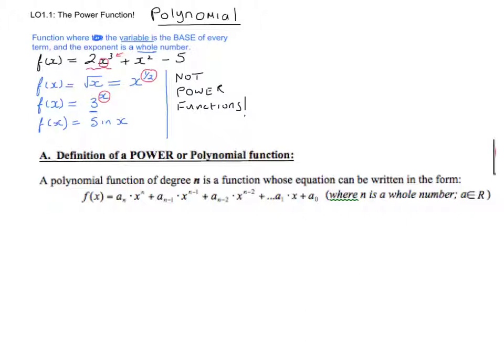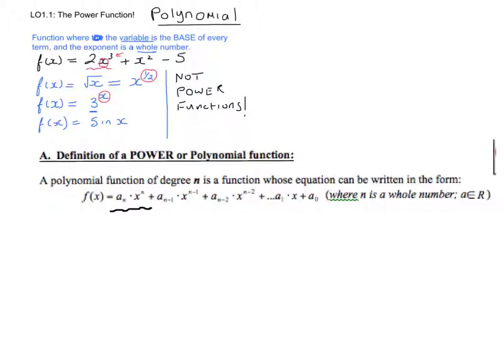This is the formal definition of a power or a polynomial function, and it does look pretty horrible. Not really fair to show you this on the first day. But if we look at it a little bit closer, we can see that it's not quite as bad as it looks.